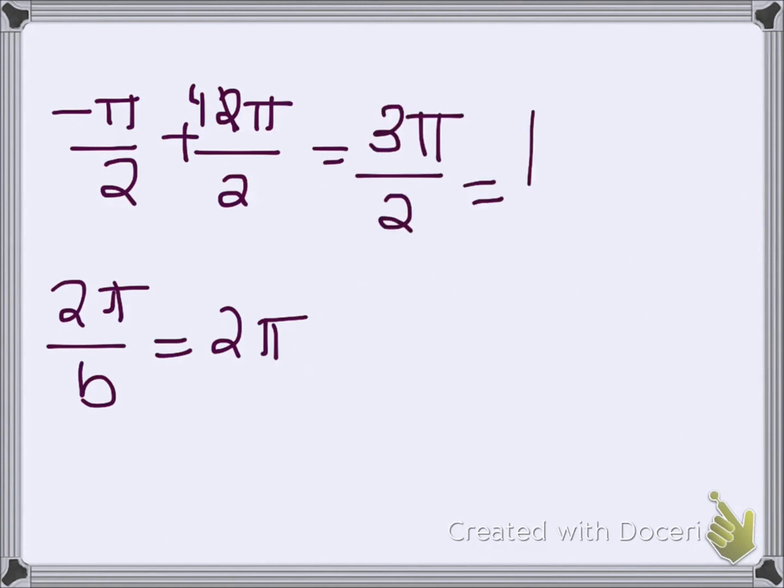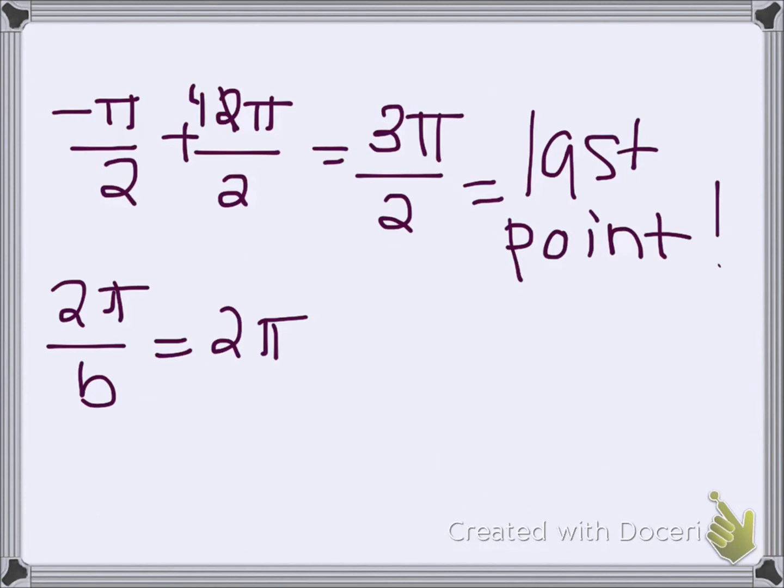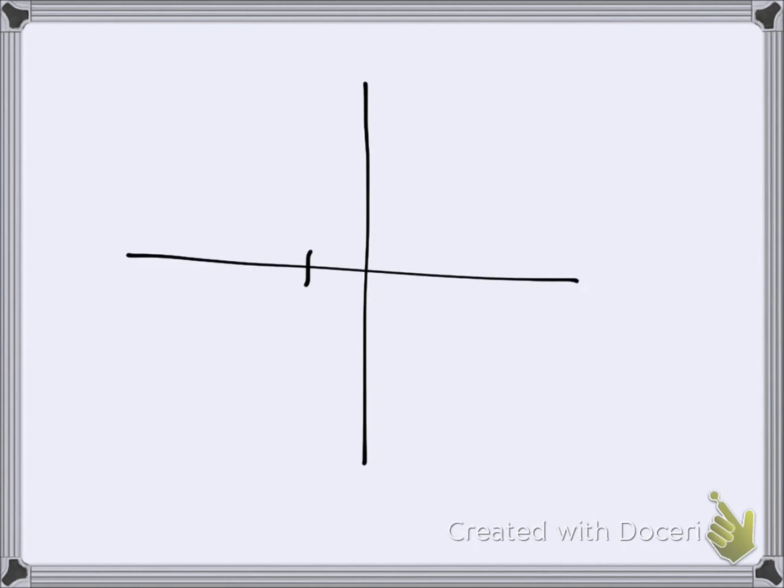So this equals your last point. So now, graphing it, you start at negative pi over 2, and you end at 3 pi over 2.